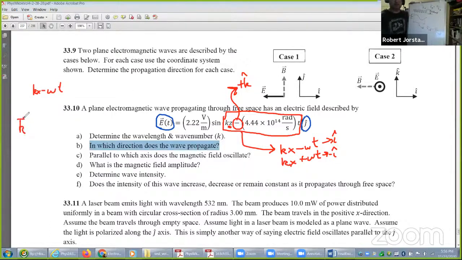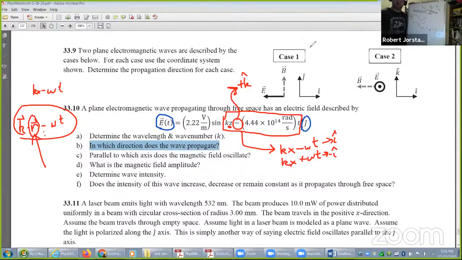And so it would be k vector dot r vector minus omega t. And so we see that if you have a wave written in this form, it's traveling in the r hat direction in general. So basically, if you have the minus sign, that means we're going in that direction right there.